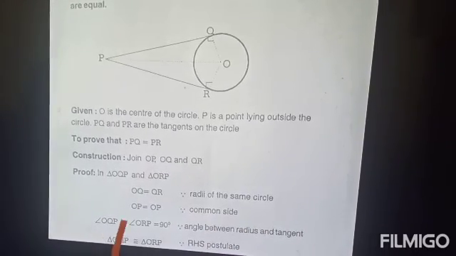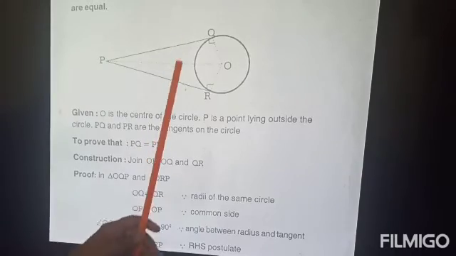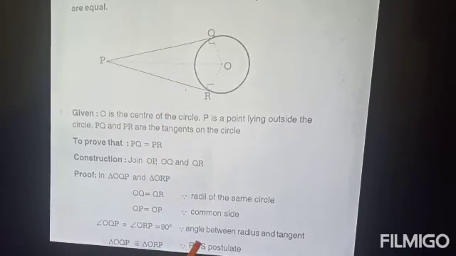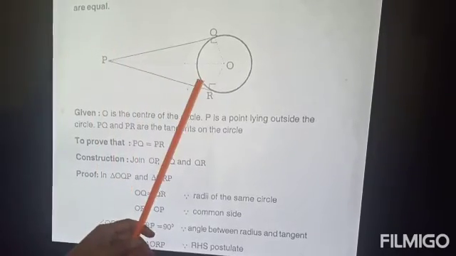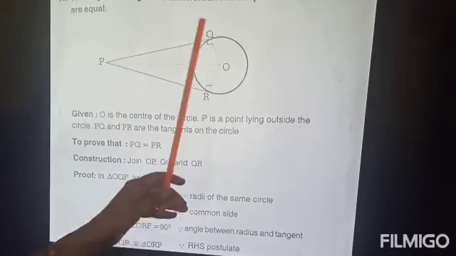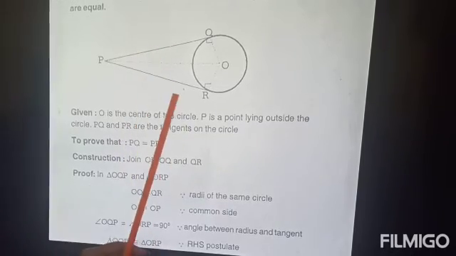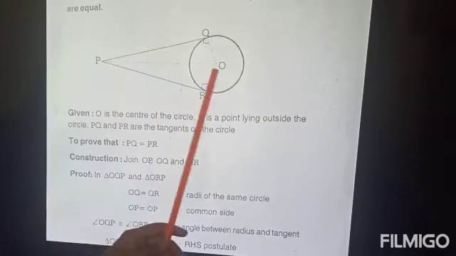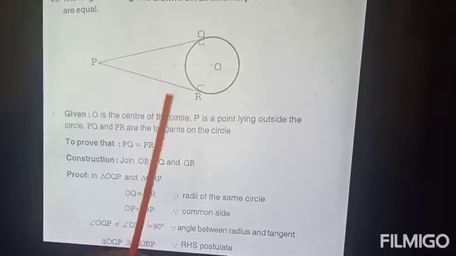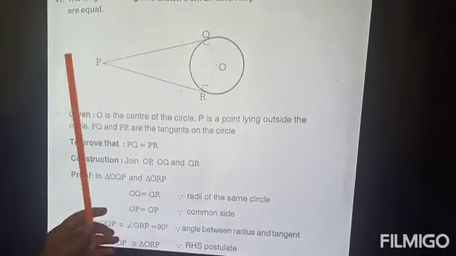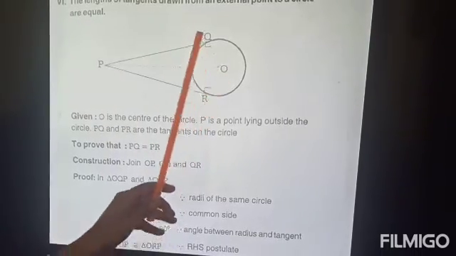Therefore, what we proved here? These two triangles are congruent according to RHS, right angle, hypotenuse and side. OP is the hypotenuse. This is a right angle triangle, and this is also a right angle triangle. In these two right angle triangles, the hypotenuse is OP in both, and one side is equal, OQ and OR.